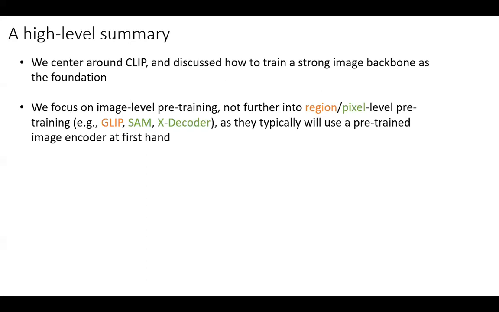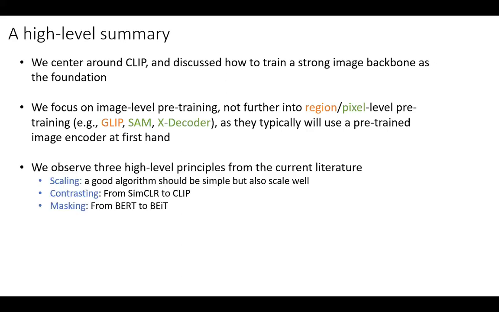We didn't touch region-level or pixel-level pre-training, such as CLIP, SAM, X-Decoder, etc., because they typically use a pre-trained image encoder as a first step. So image encoder pre-training is like the foundation of the foundation, if you consider SAM, X-Decoder, CLIP as foundations. Scaling, contrasting, and masking are the general design principles behind all these methods.